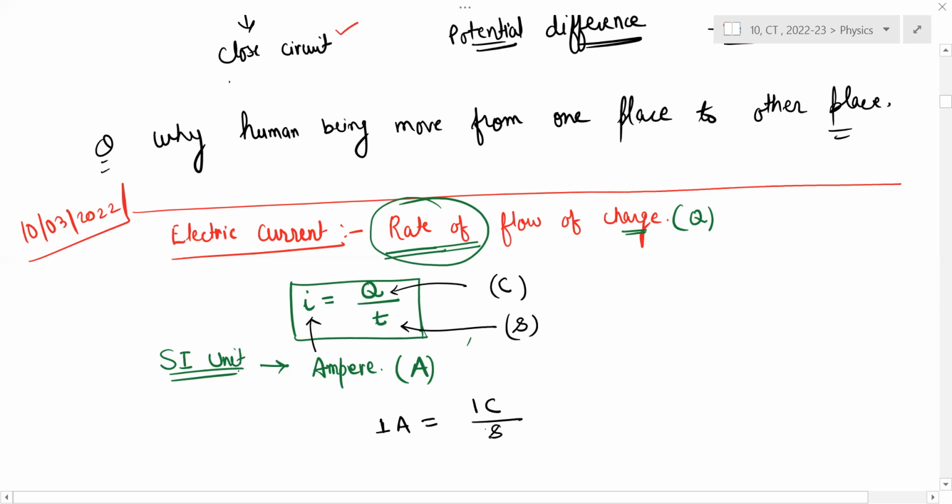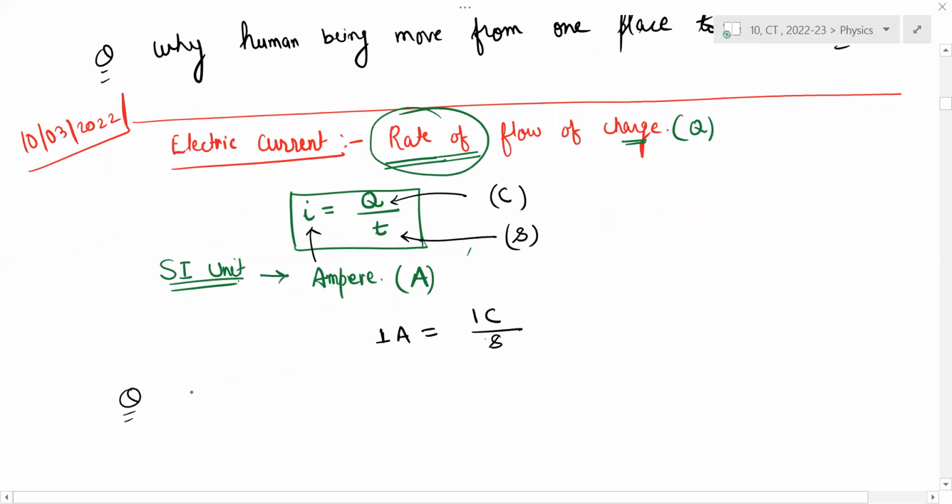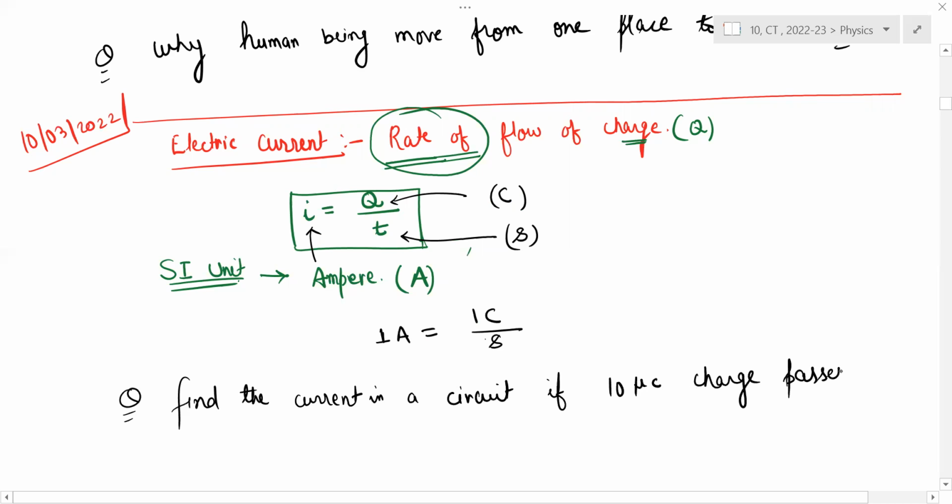Yes, beta. So one question I'm giving to all of you. Find the current in a circuit if 10 microcoulomb charge passes in every 5 millisecond.